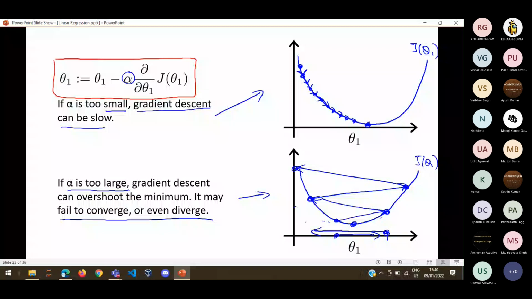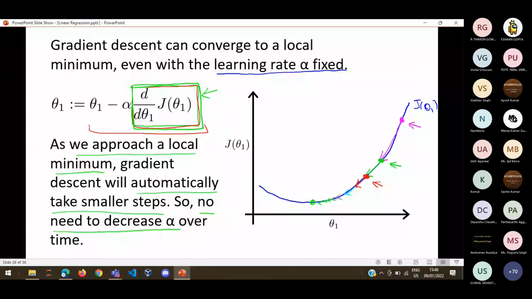And the alpha value is constant here. It is not variable, because when you approach your minima, the descent step and the slope at that point become very small, and ultimately the factor by which you increase or decrease your theta 1 value will be small.